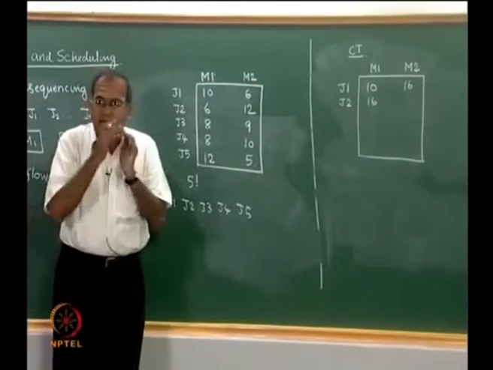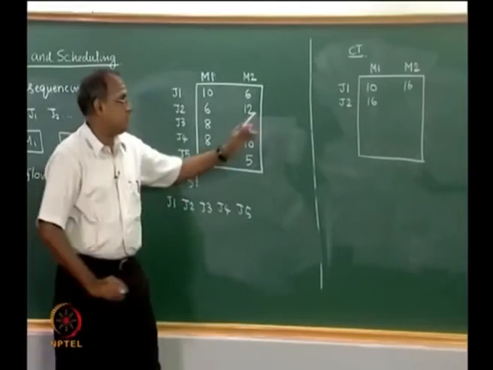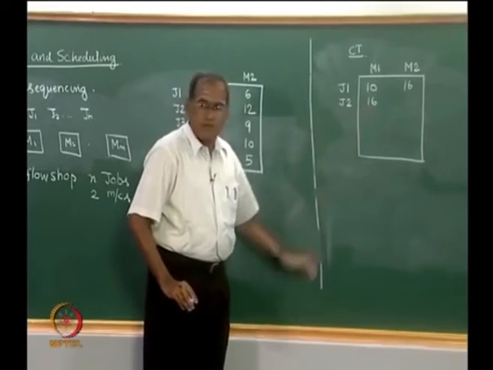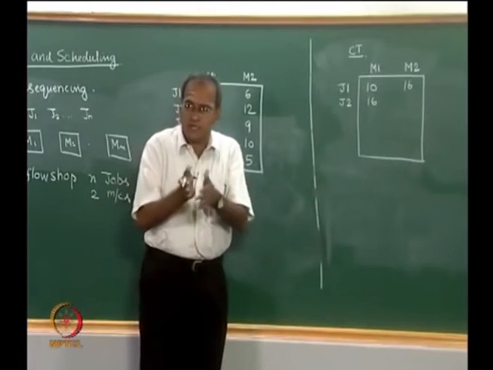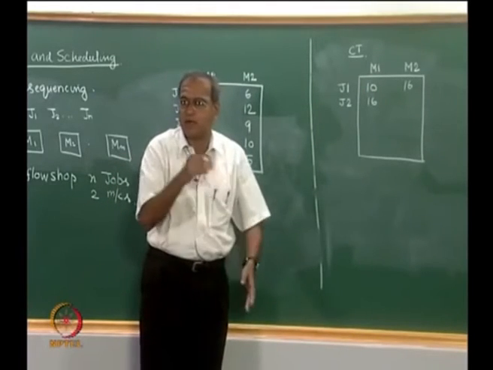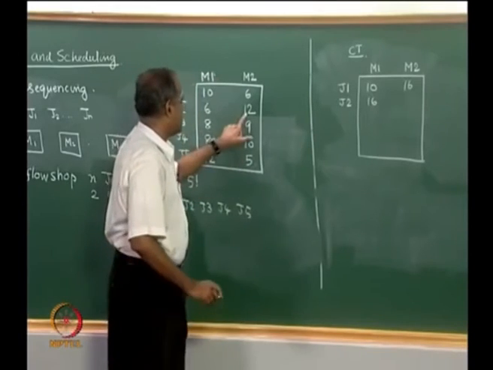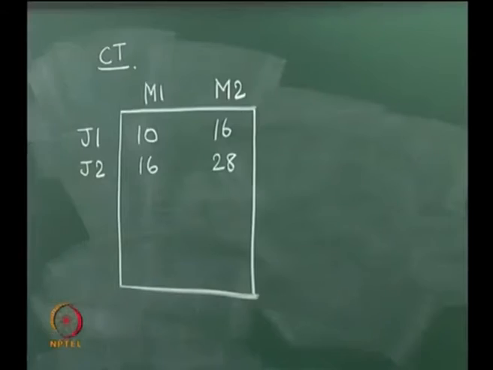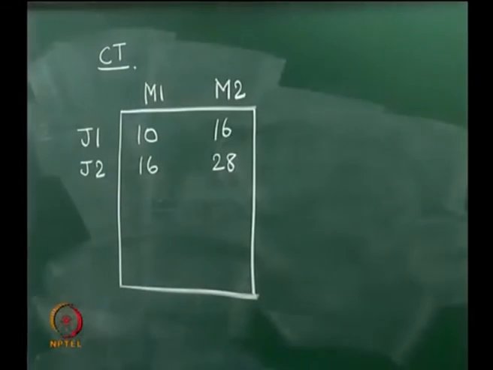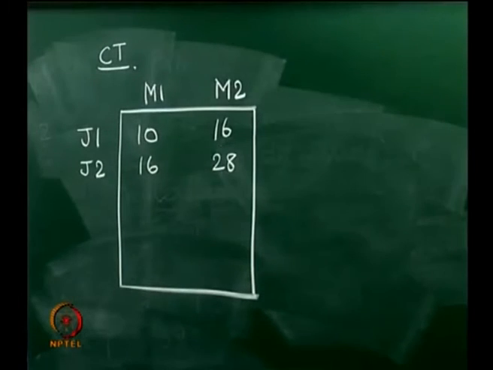Now, exactly at time equal to 16, J2 finishes at M1. M2 is also free at time equal to 16. So, J2 straight away takes M2 at time equal to 16, requires another 12 units of time. So, at time equal to 28, J2 finishes at M2 and goes out of the system.